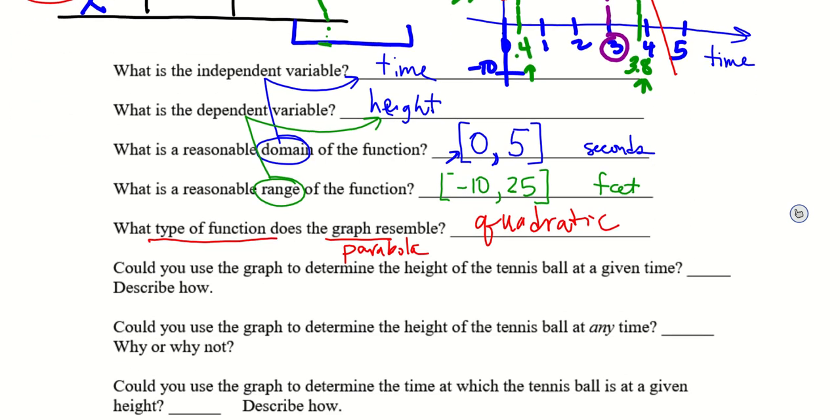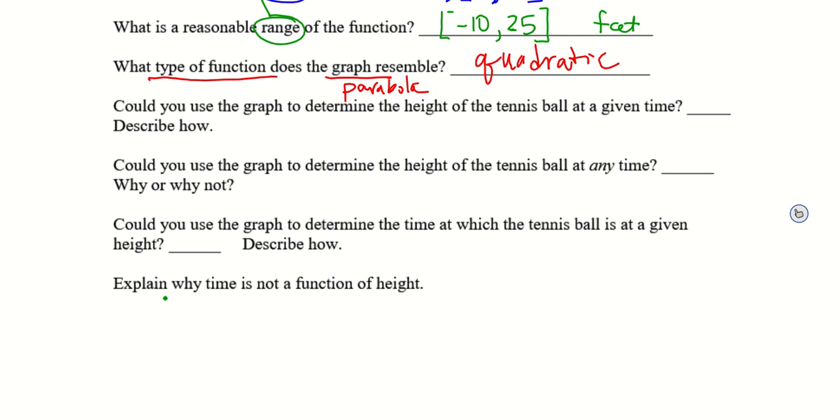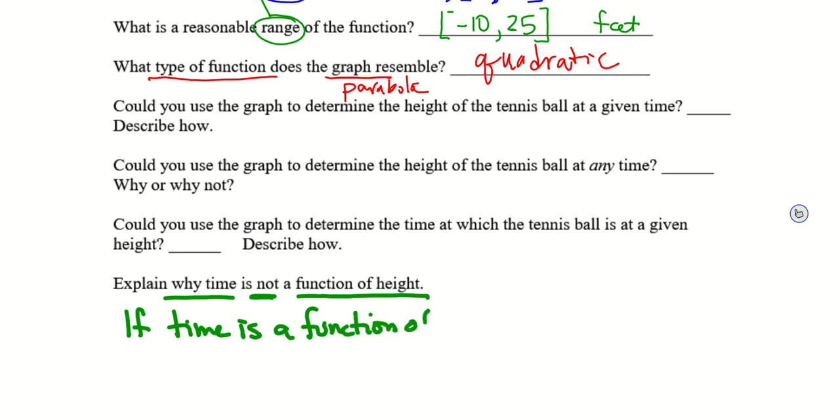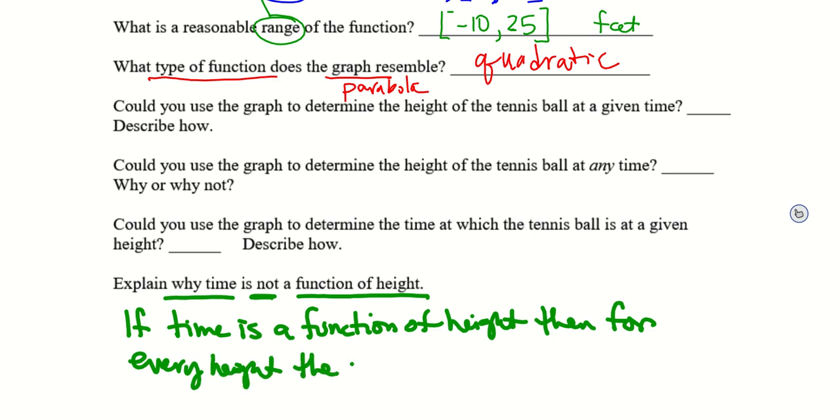So, why is time not a function of height? Okay, let's use our definition. If time is a function of height, then for every height there is one and only one time.